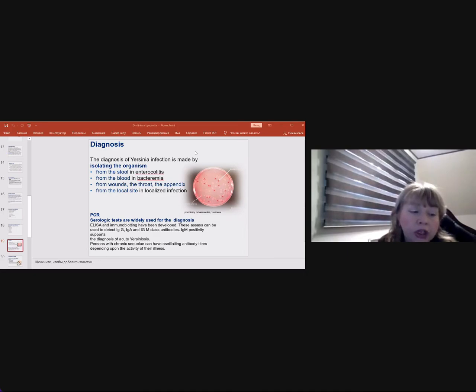Polymerase chain reaction and immunofluorescence assay have been developed, and we use polymerase chain reaction for diagnostic of Yersiniosis. But doctors, blood culture, we know about the bacterial etiology of Yersiniosis. And you know that we always begin our investigation from bacteriological analysis.